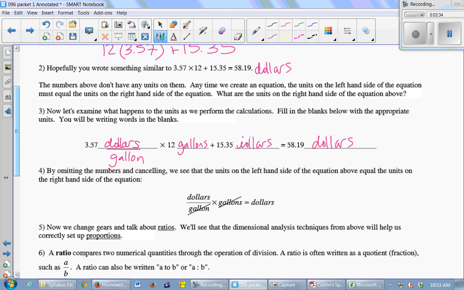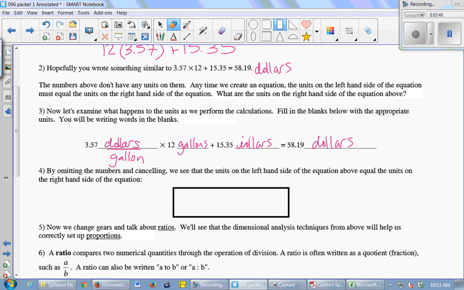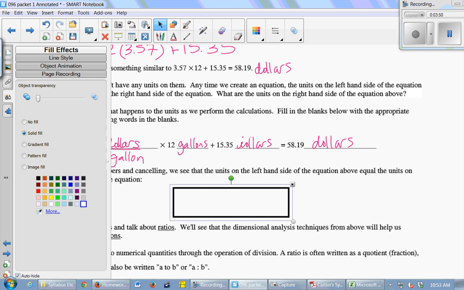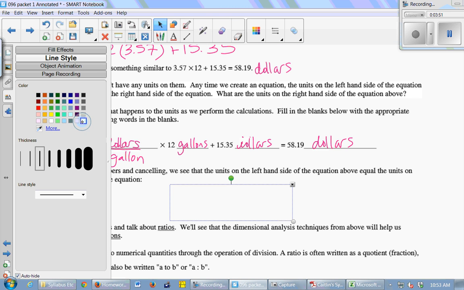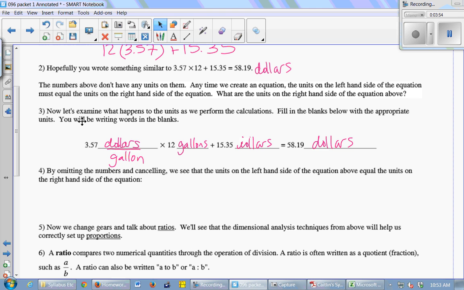Okay. So if I omit the numbers, the 3.57, the 12, 15.35, and 58.19, I'm going to do this with just units, no numbers.